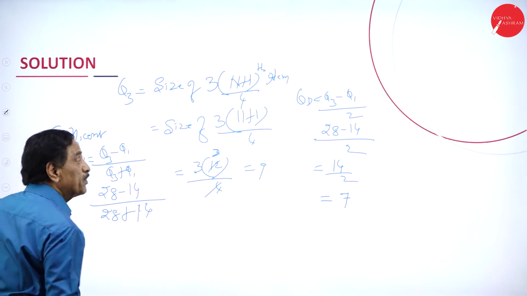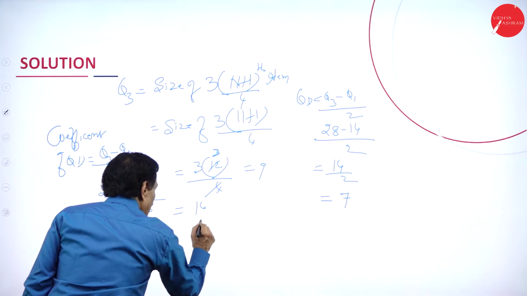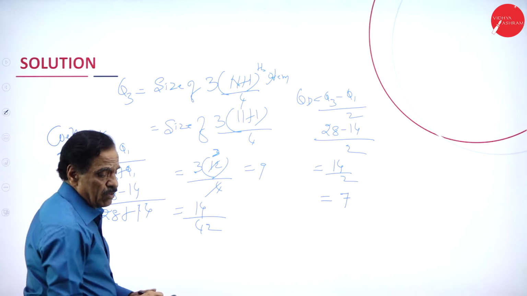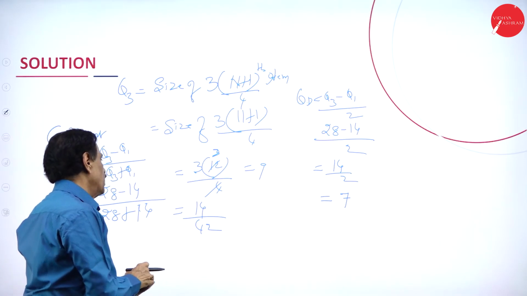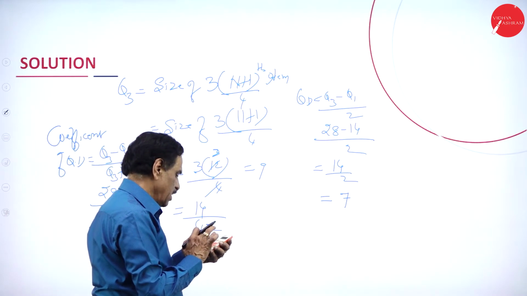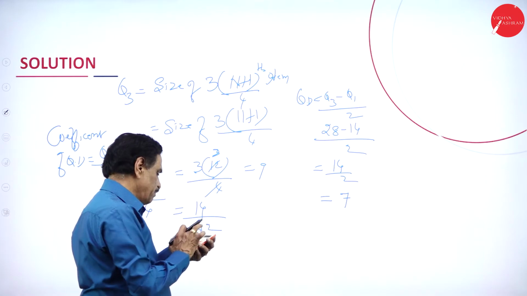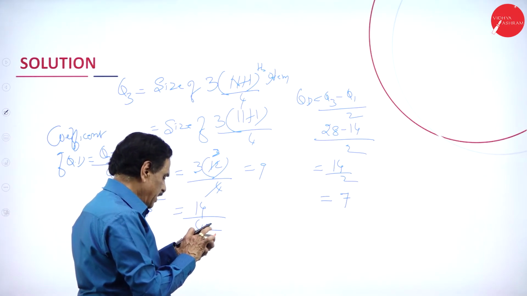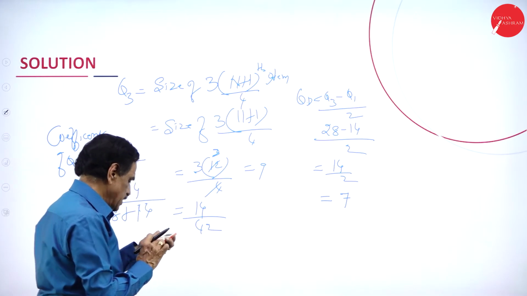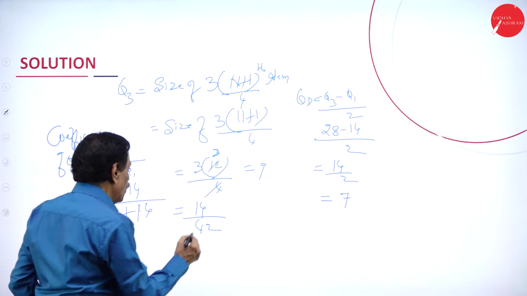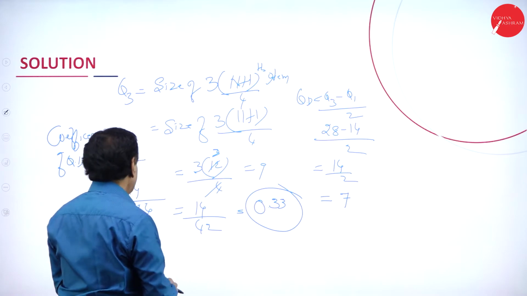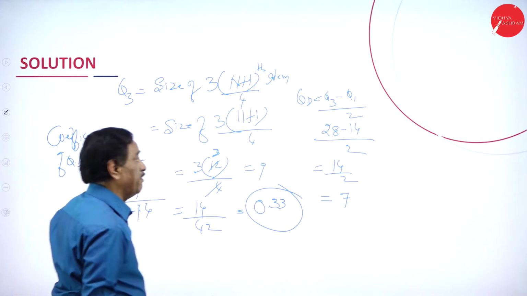So 28 minus 14 is 14. Adding, 28 plus 14 is 42. So you have to divide 14 by 42. It will work out to 0.33. This is your coefficient of quartile deviation.